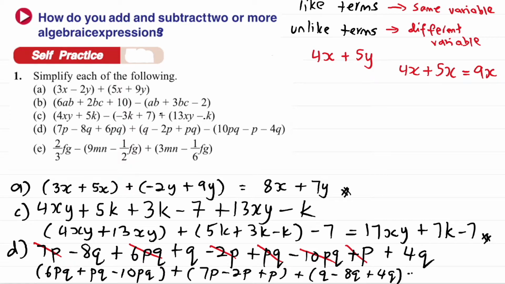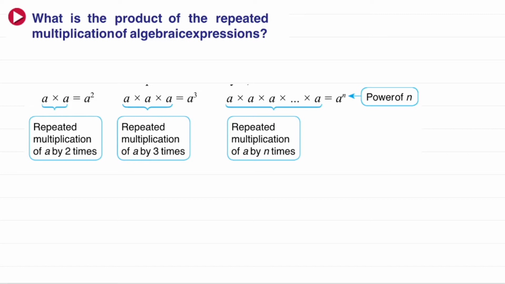So semua dah habis baru kamu selesaikan. Kamu akan dapat negatif 3pq tambah 6p and also tolak 3q. Dah siap. Okay, that's how you add or subtract.